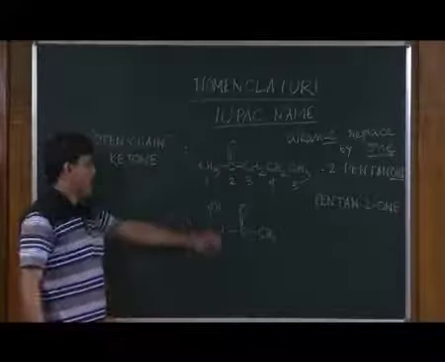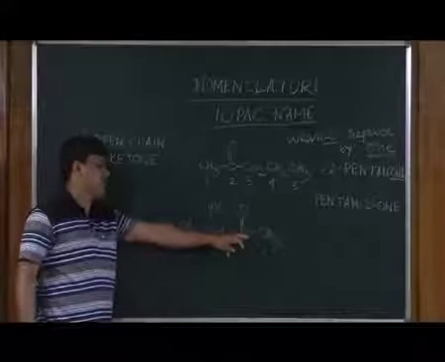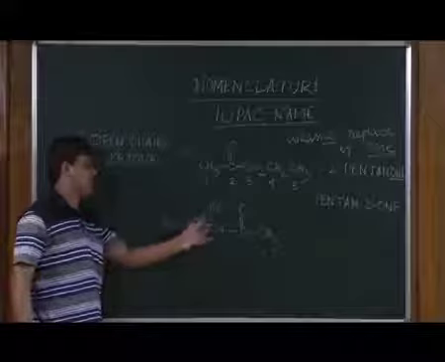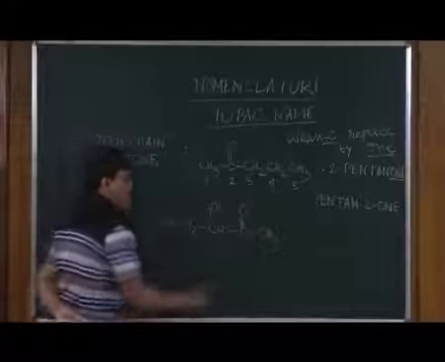Here the numbering will start such that you always give the minimum number to the carbonyl, independent of the other substituents. So, here the minimum numbering will come from this side.